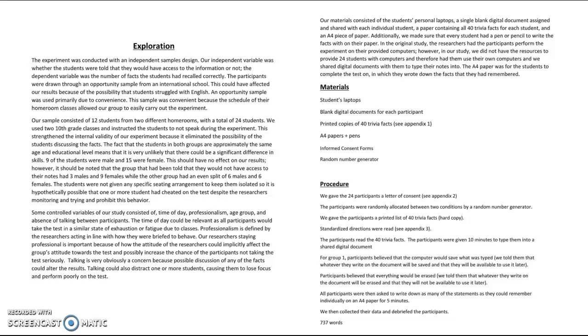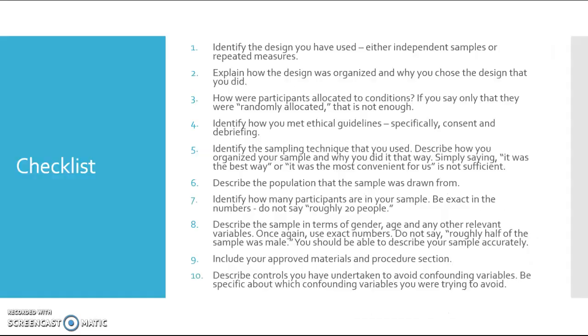Well, they haven't said what an opportunity sample is. That is missing there. Some of the control of variables as well are not very fully explained. There's not really much on ethics either. So there is certainly missing bits in this. I just wanted to show it to you though, because it's a good way of laying out your research.